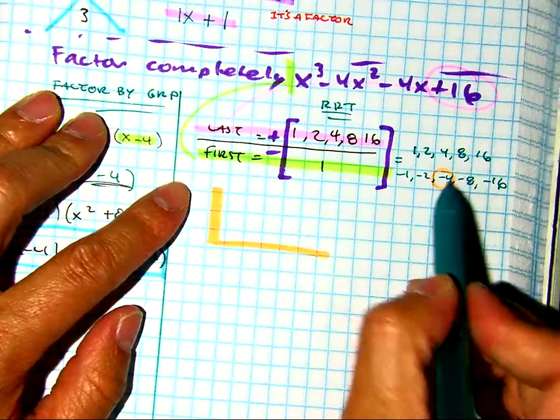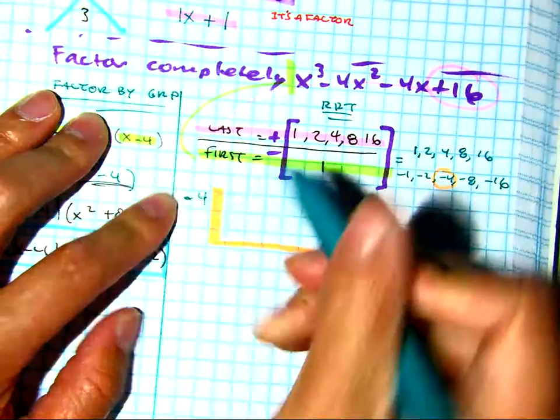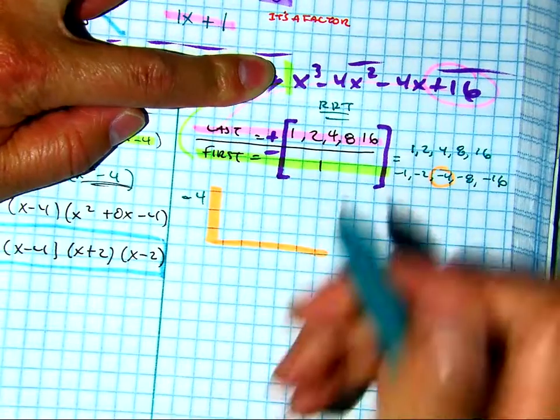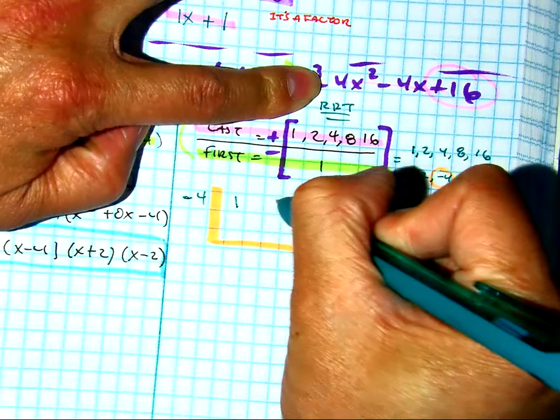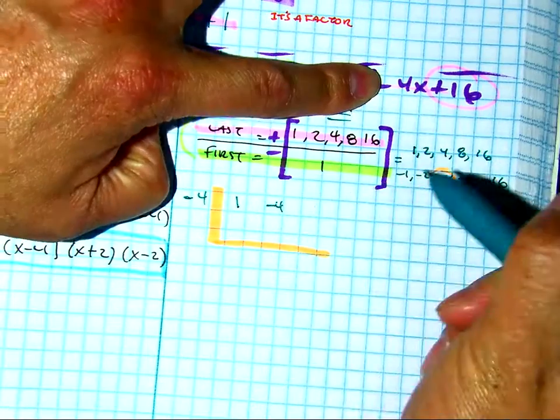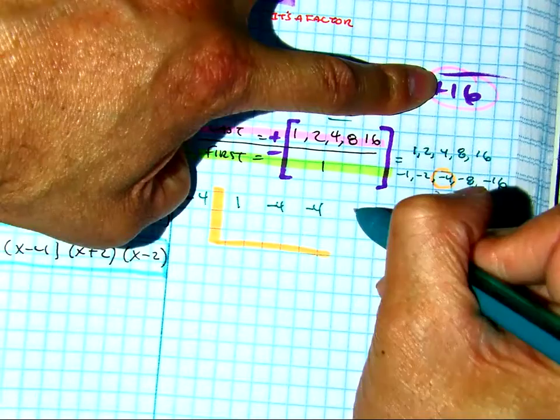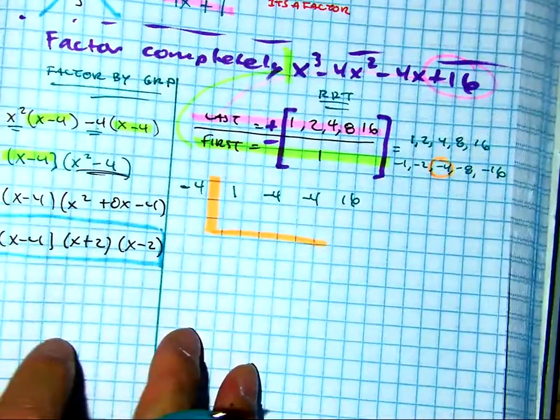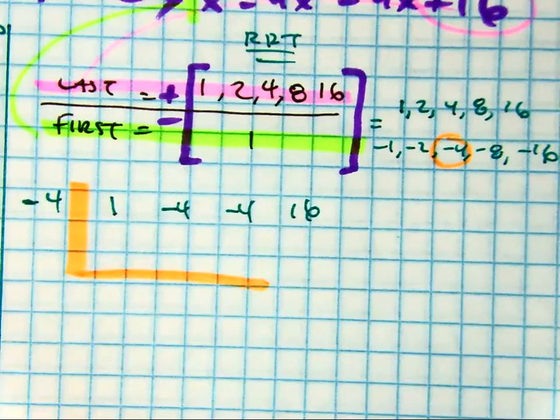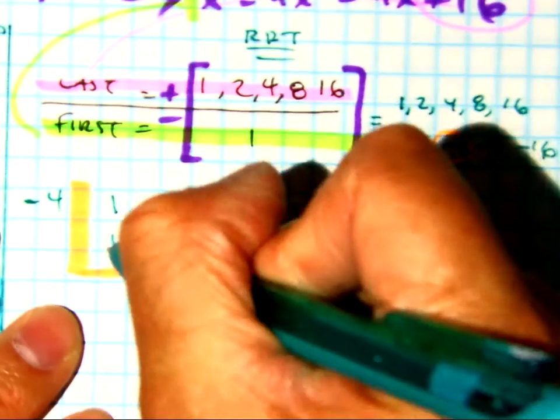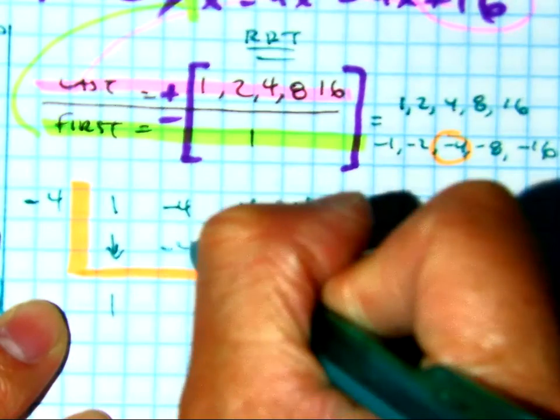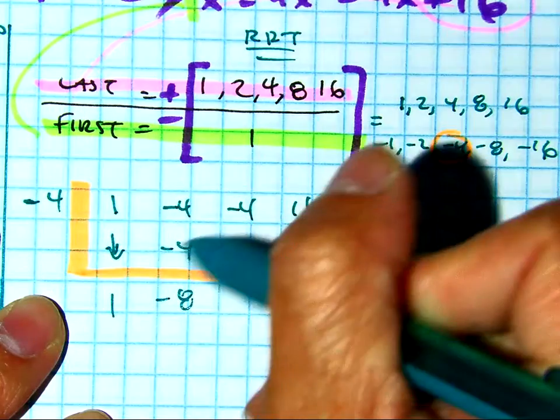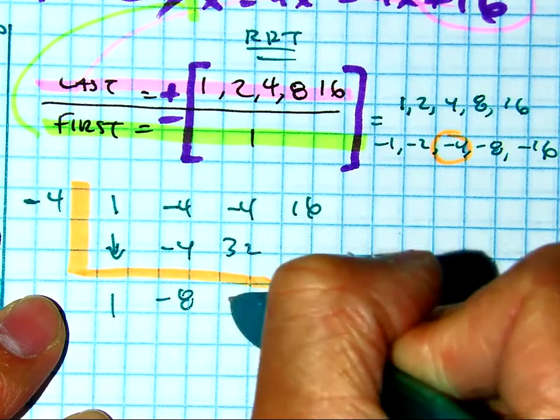Negative 4. I look at my coefficients. Class, tell me the coefficients. Bring it down. 1. Multiply. Add. Multiply. Add. Multiply.